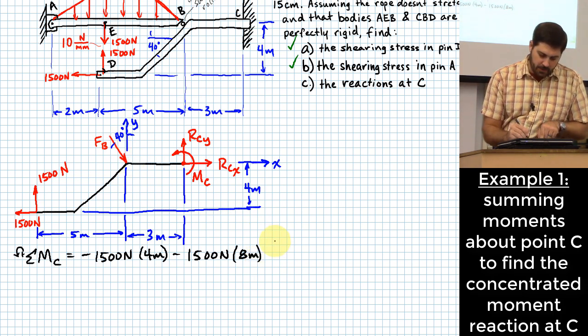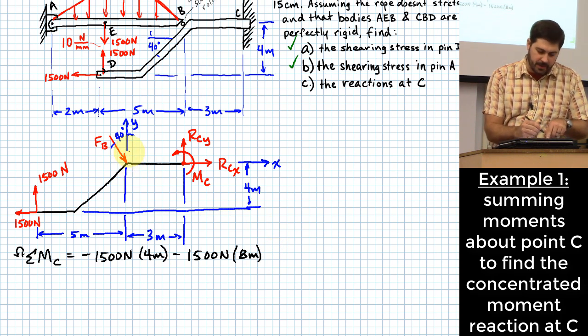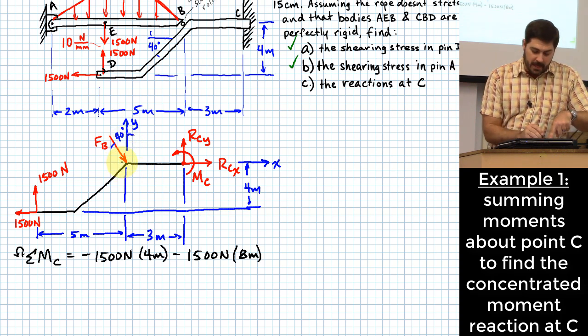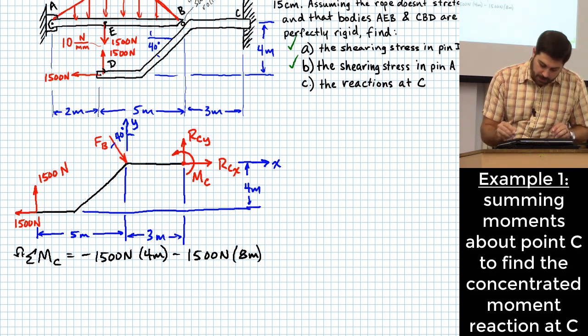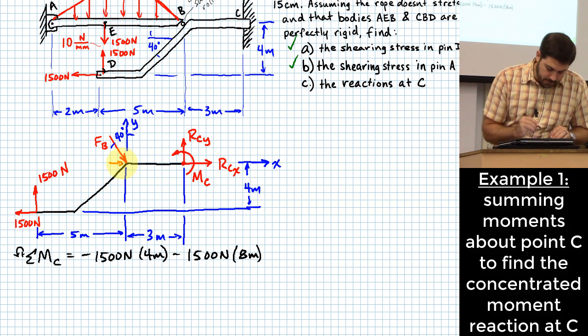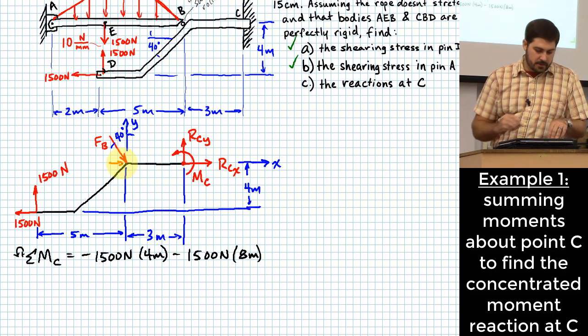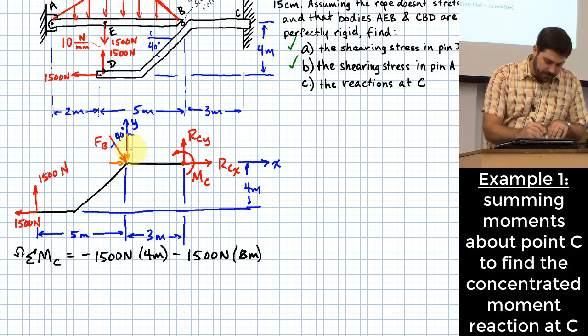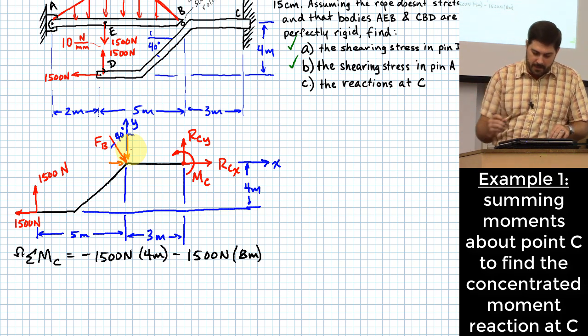FB looks like it'll try to act in a counterclockwise rotation. I don't take all of it, I just want the vertical component, because if you look at the horizontal component of that force, its line of action goes through C. So all I want is the vertical component, okay?